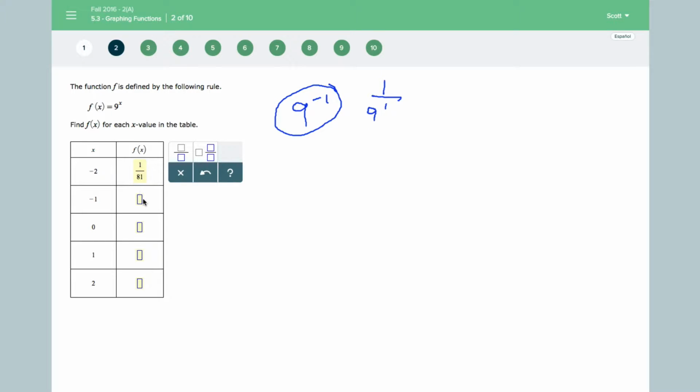That would be 9, so our answer is 1 over 9. Anything to the 0 power is just 1. So just remember that. 9 to the 1 power is 9. 9 squared is 81. So all you're doing is plugging in the x's one at a time into the exponent.